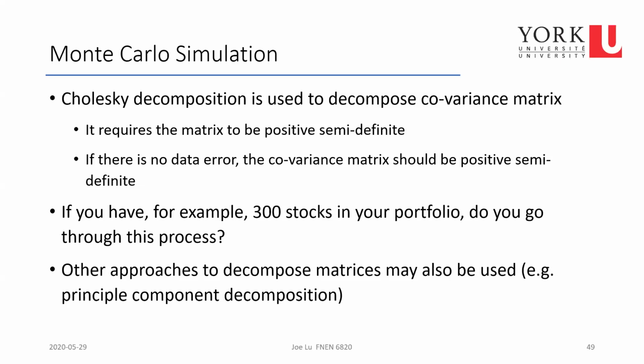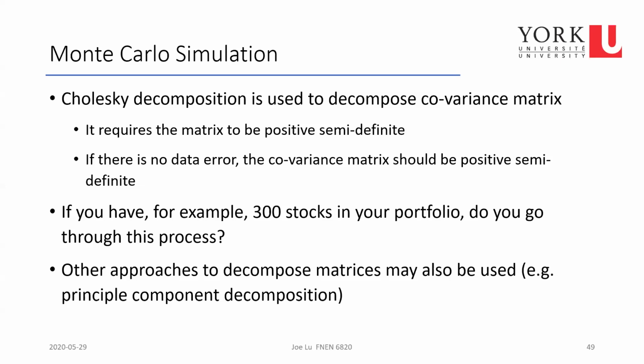The other drawback for Cholesky decomposition is that it requires the matrix to be positive semi-definite. In reality, all covariance matrices are positive semi-definite, so if everything is right, it should be okay. It's not a restriction. However, when you measure the covariance matrix, there's always some numerical error.